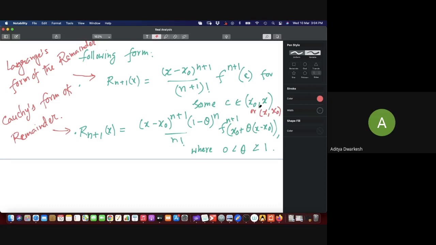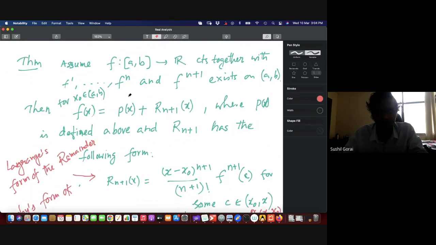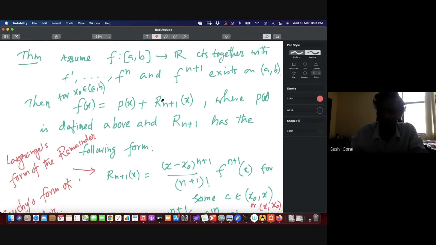Here x does not have to be in a neighborhood of x naught. For this theorem, it is true for all x in the open interval (a,b). But the point is, the error term is bigger when you leave a small neighborhood of x naught, so you will not get approximation everywhere.